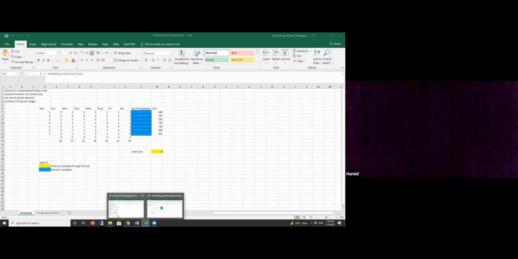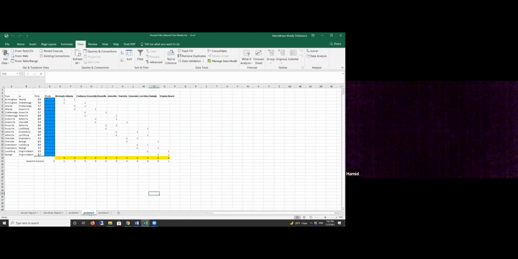So let's just formulate it through Excel. Problem 2. Still, on the left side, we have the link addresses, from where to where. So we have the time coefficients.